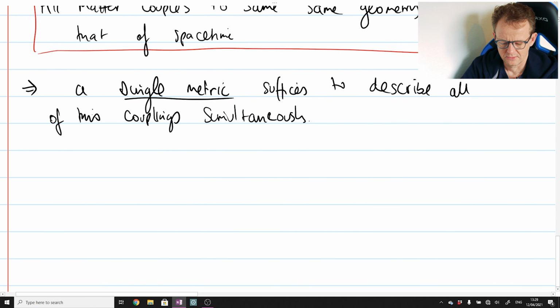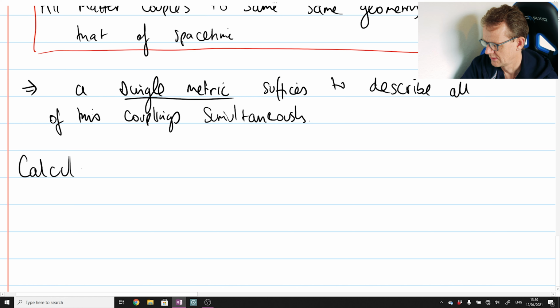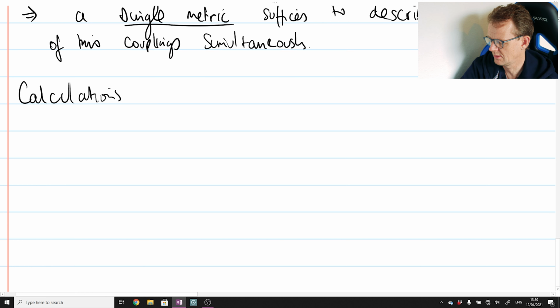To get you in the spirit of things, we're going to do some calculations now. These calculations are supporting various aspects of EEP with respect to Newtonian physics.